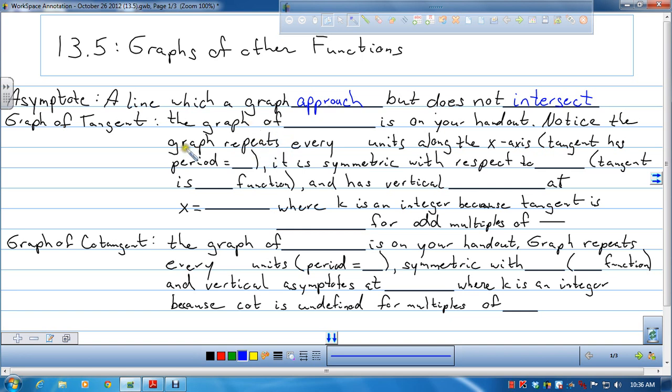So first let's talk about the graph of tangent. We're going to talk about the basic tangent graph, y equals tangent of x. That most simple tangent graph is on your handout.